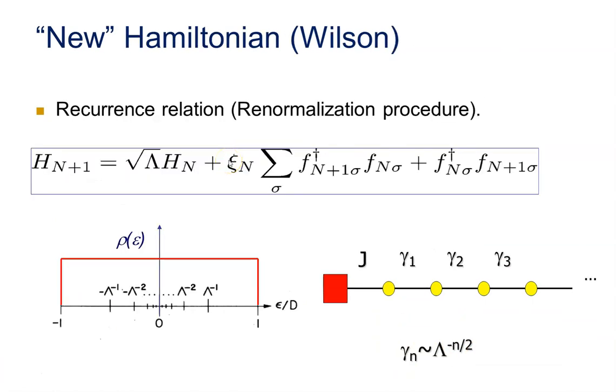So as it turns out, you can define a recurrence relation between the Hamiltonians as you increase the number of sites in this chain that you composed. If you have the Hamiltonian for n sites on the chain right here, you can write the Hamiltonian for n plus 1 sites as this, plus this extra term here that only involves the couplings between n and n plus 1.